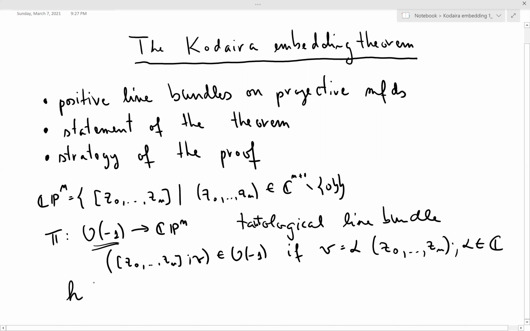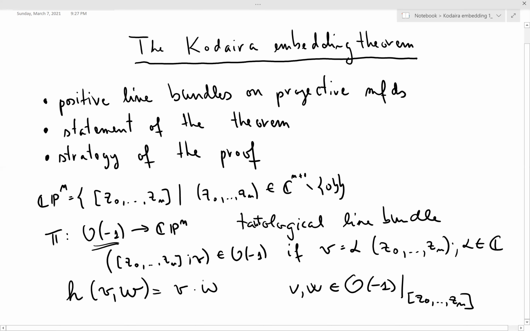So h(V, W), where V and W are vectors in O(-1) at the base point, let's say (Z0, ..., Zn), is nothing but the Euclidean scalar product, the Euclidean Hermitian inner product.